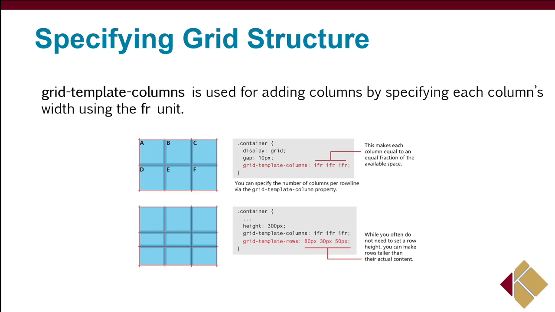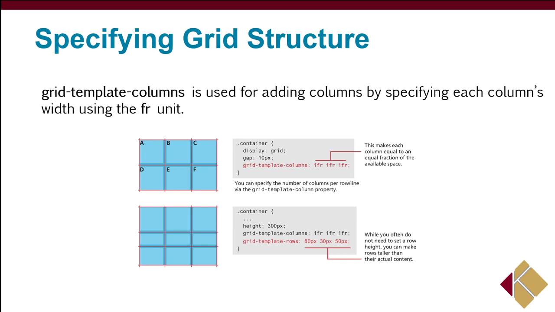So in the layout here, you are setting up your columns by saying, I want 3 columns, and I want them to be equal fractions of the space. So you have a 3-column layout here. They're all equally spaced and equally sized.